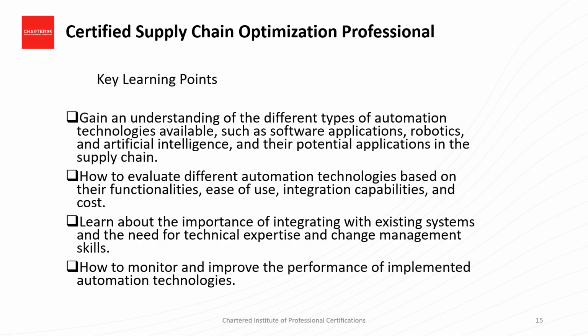We also looked at the importance of integrating with your existing systems and the need for technical expertise and change management skills. And finally, how to monitor and improve the performance of implemented automation technologies.